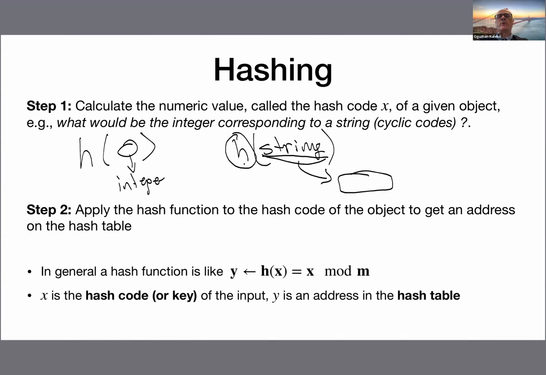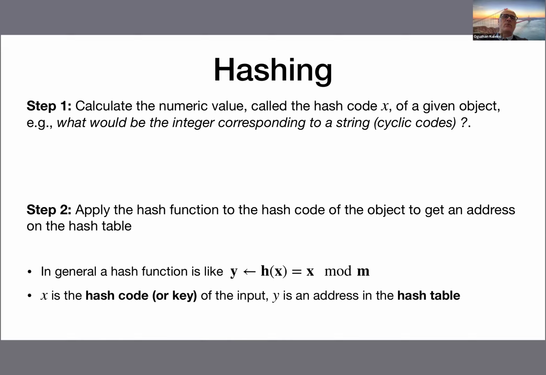sometimes called computing the hash code of this object, can be done in various ways, okay? We all know that whatever the input is, in a computer, it is just zeros and ones, right? For instance, a string: one byte for S, we don't know, 0, 1, 0, 1, 1, 0, 1, whatever, and one byte for T, one byte for R. It goes on.